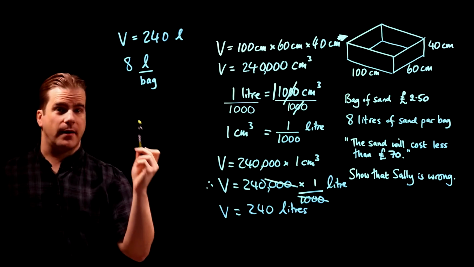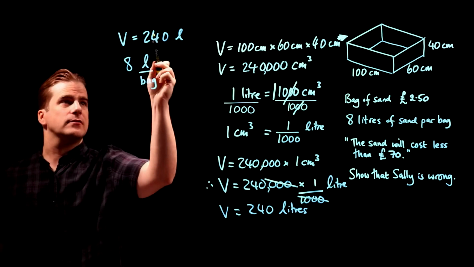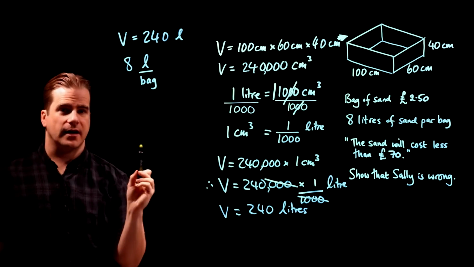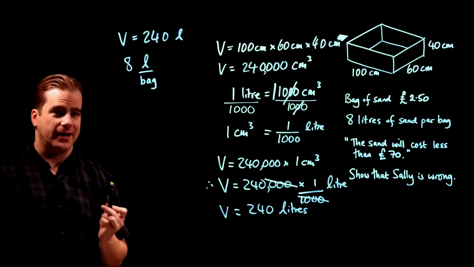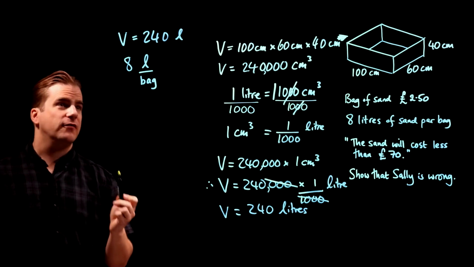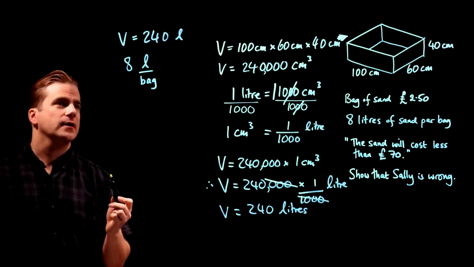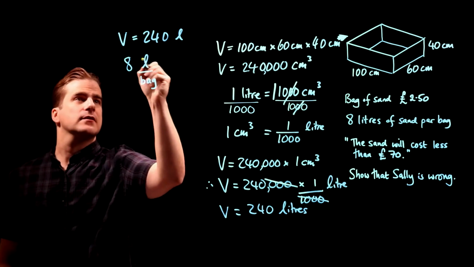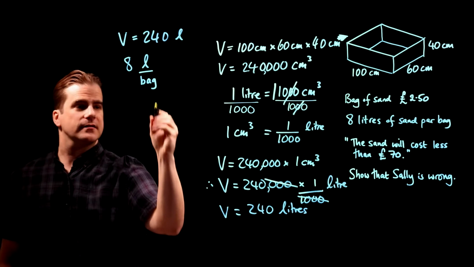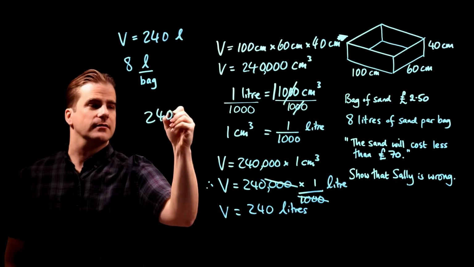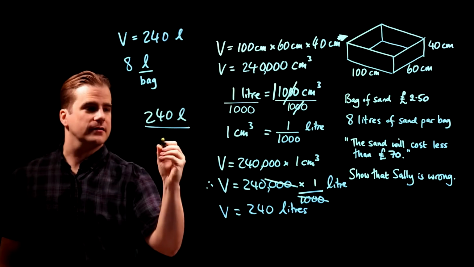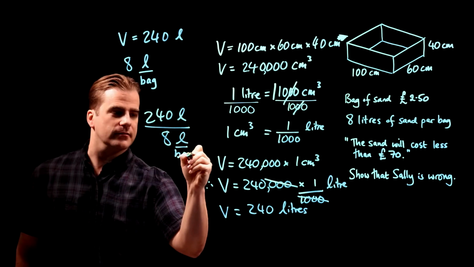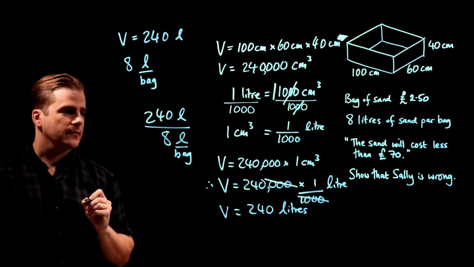We want the number of bags, so whatever we do to these two, we want to eliminate the L's and just get left with bag, okay? So therefore, if we divide that by that, if we do 240 L divided by 8 L over bag, okay?